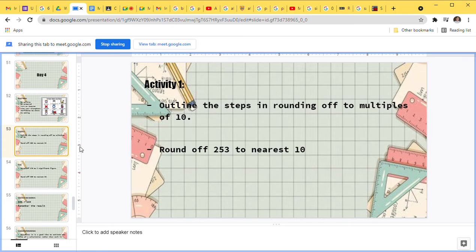Remember, those were tens, hundreds, thousand, 10,000, etc. What were the basic steps that we use in rounding off? Who wants to give it a try?